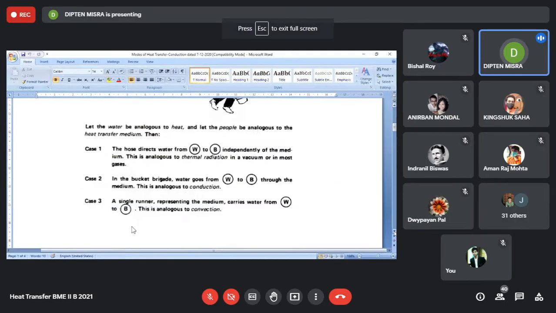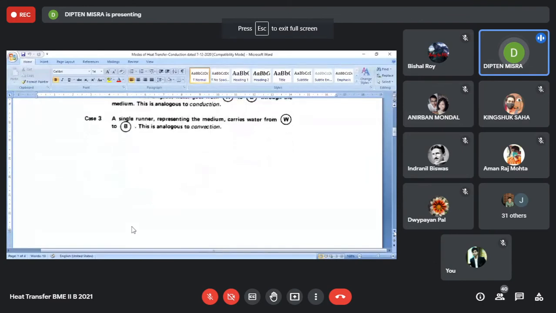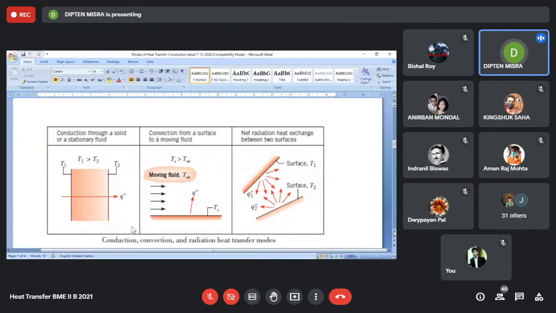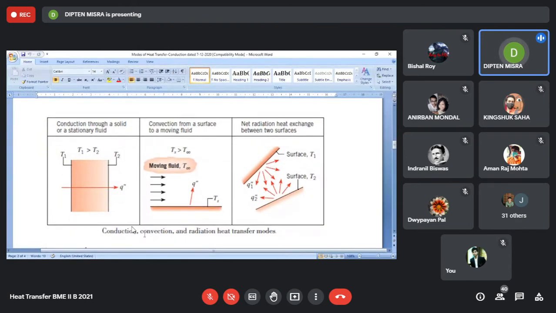For example, when we talk of conduction heat transfer, we know that conduction takes place from one surface to another surface. Suppose this is a body. This body may represent one wall of a room.